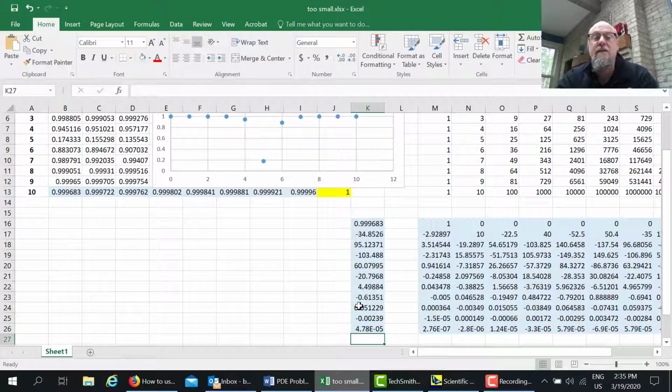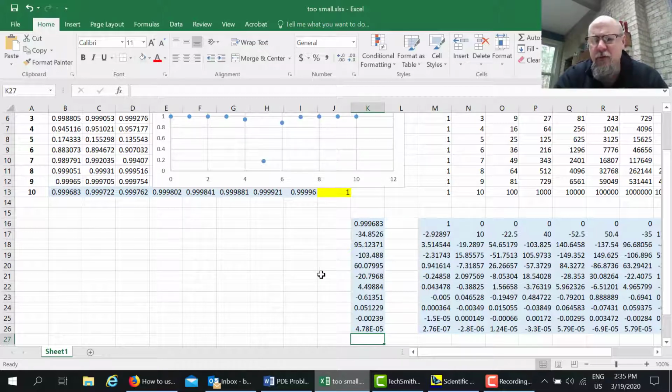That'll be the 10th order polynomial that goes through these points exactly. And we built it with Excel.